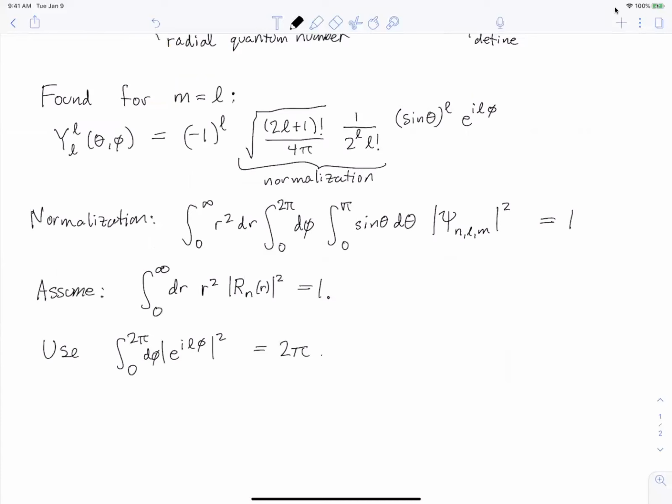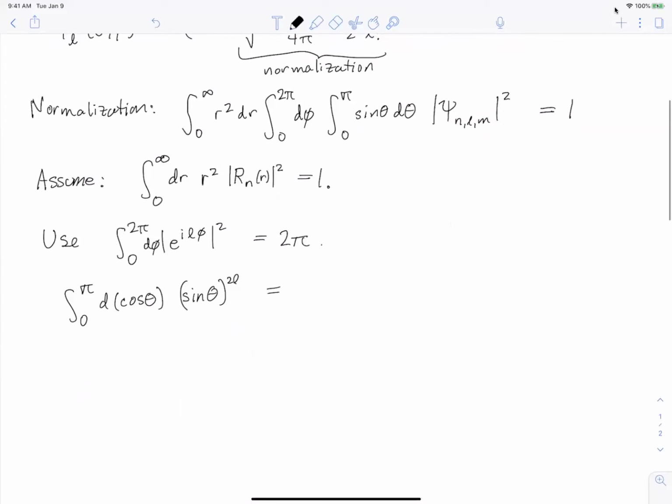And so really the hard part is coming about when we integrate sine theta to the L squared. And so that's going to give a factor of the integral from 0 to pi. Sine theta d theta is otherwise known as d cosine theta of sine theta to the 2L power. And that's a doable integral, and that's where the ugliness comes from.